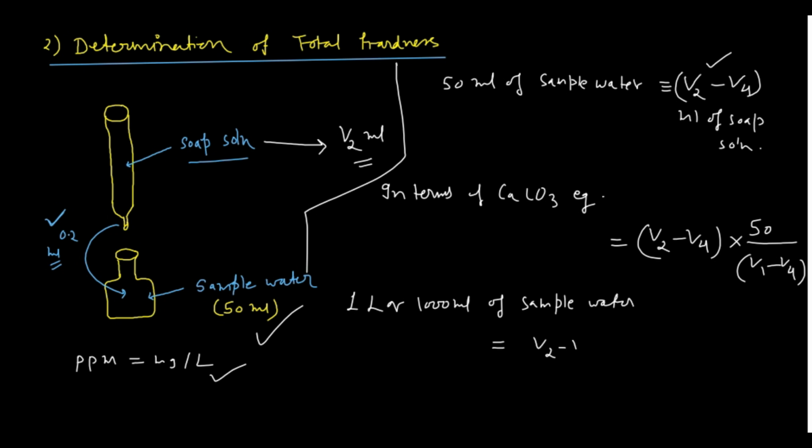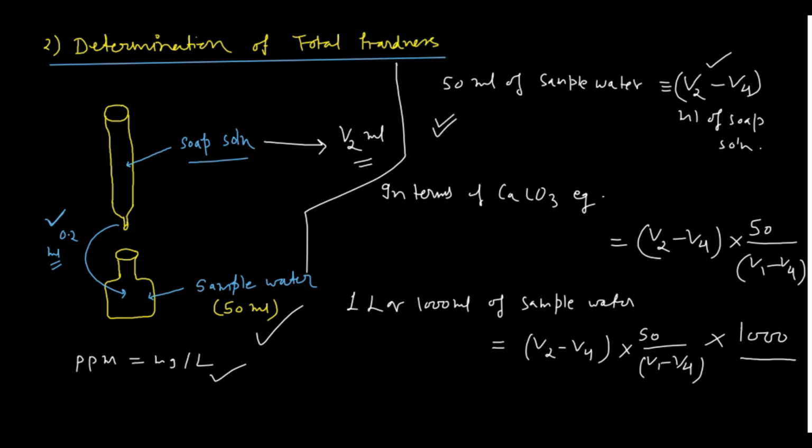V2 minus V4 is already there. There is no problem in that. And this 50 divided by V1 minus V4 came from the standardization of the soap solution, and we need to multiply this value with 1000 ml, and you have calculated for 50 ml.